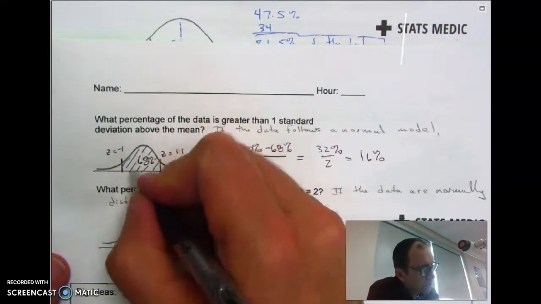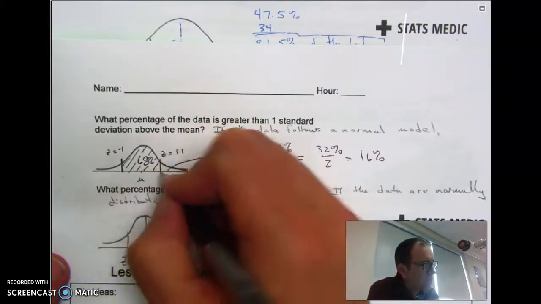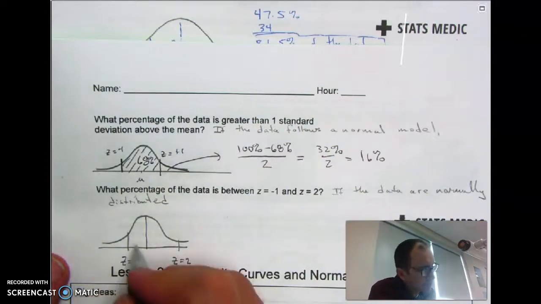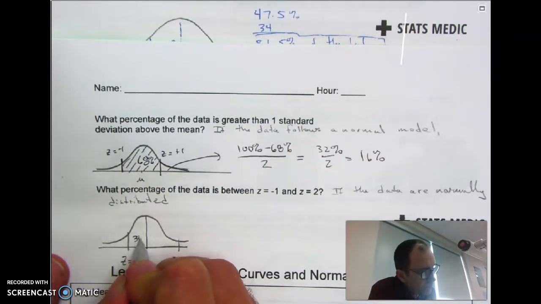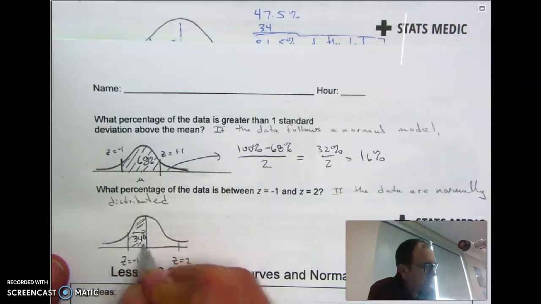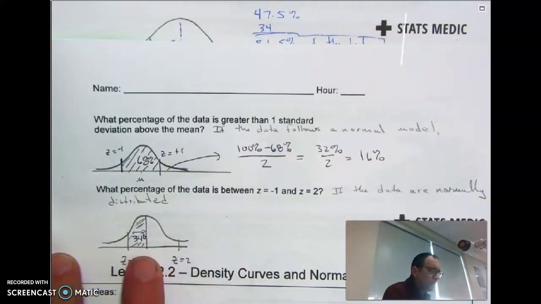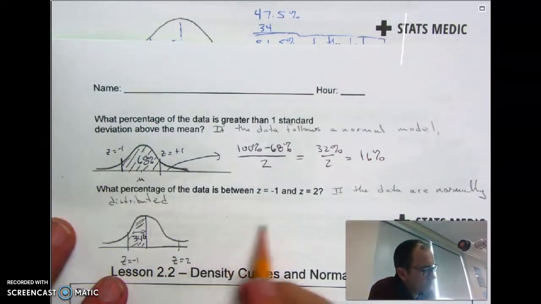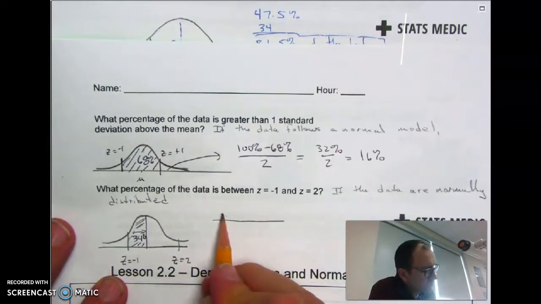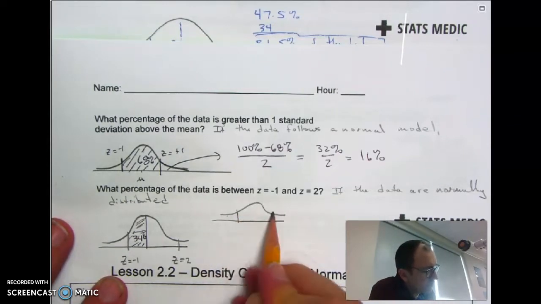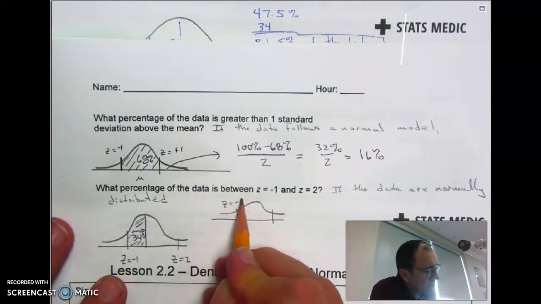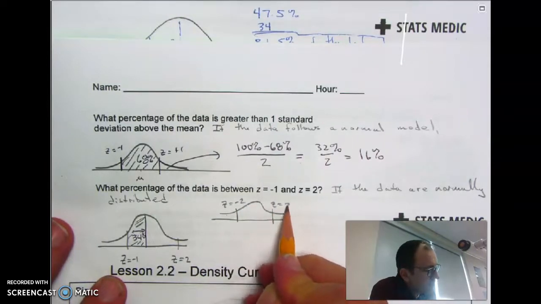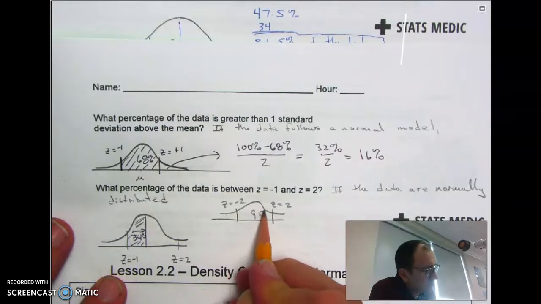Well, we know that there's 68% between 1 standard deviation below to 1 standard deviation above. So half of that would be 34% in this little region right here. So this area of the curve is going to be 34%. And that's part of the region that we want. What we also want is the area from the mean to +2 standard deviations. So let's remember that the 68, 95, 99.7 rule says that we're going to have 95% of the data between a z-score of -2 and +2.